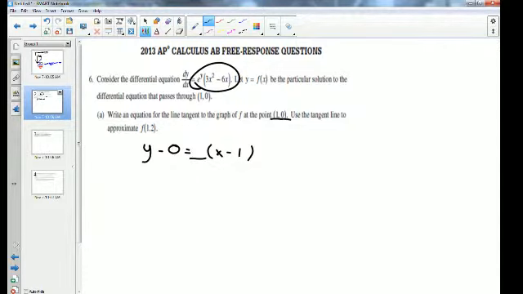You can't screw it up. Plug (1, 0) in. So dy/dx at (1, 0). This is your notation. e to the 0, 3 times 1 squared minus 6 times 1.